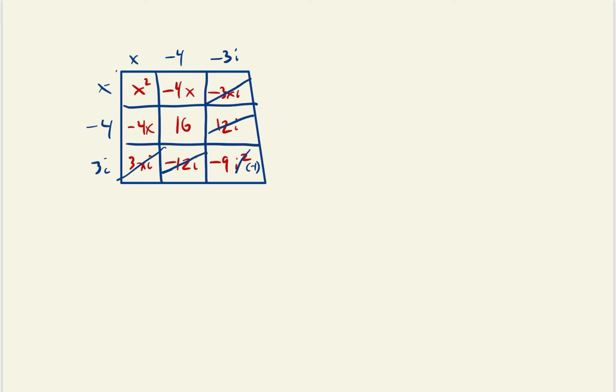Now we can combine like terms. As you can see, these will cancel each other out. These will cancel each other out. These we can combine, and these we can combine. So the final product will be x squared minus 8x. Since this is really a positive 9, we have 9 plus 16, which is 25.